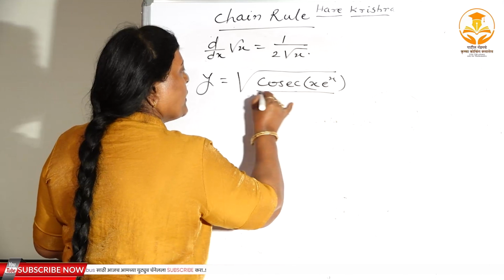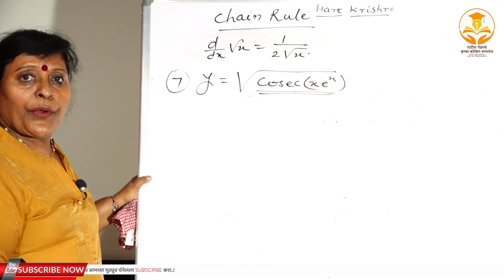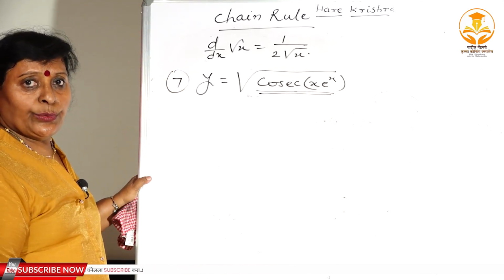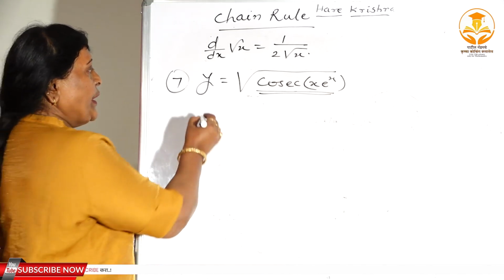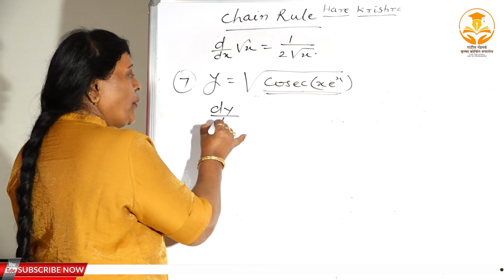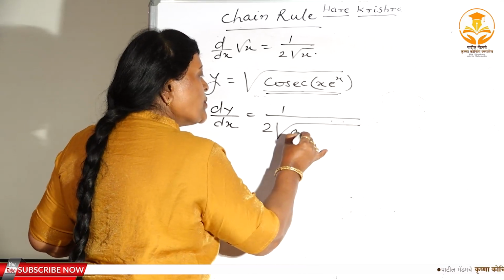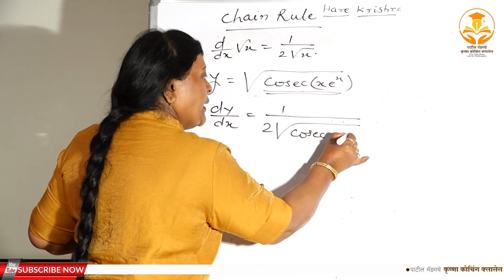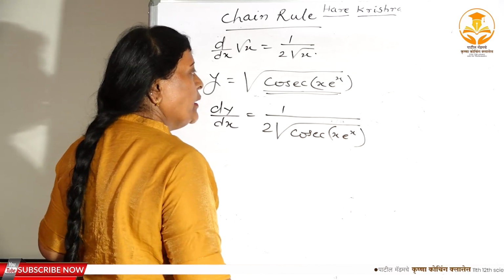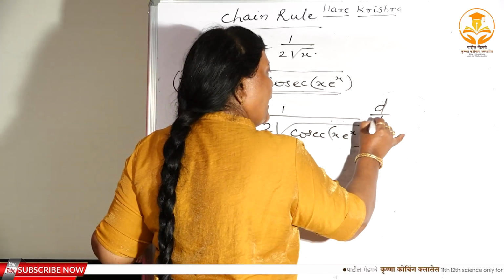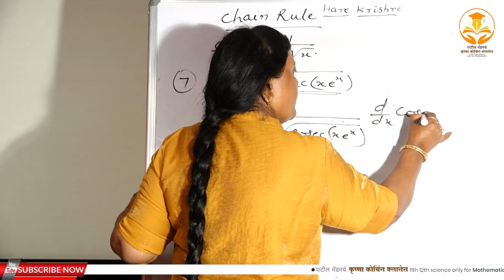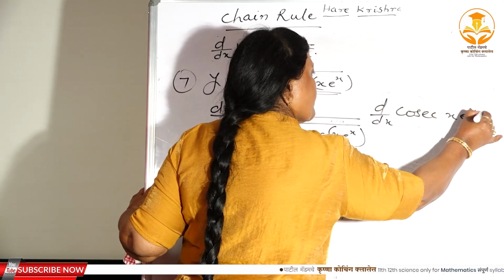Again this total function, that is cosec x e to the power x, you have to consider as u, isn't it? The derivative of root u is again 1/2 root u, 1/2 root cosec x e to the power x, isn't it? Again you have to consider d dx of cosec x e to the power x.